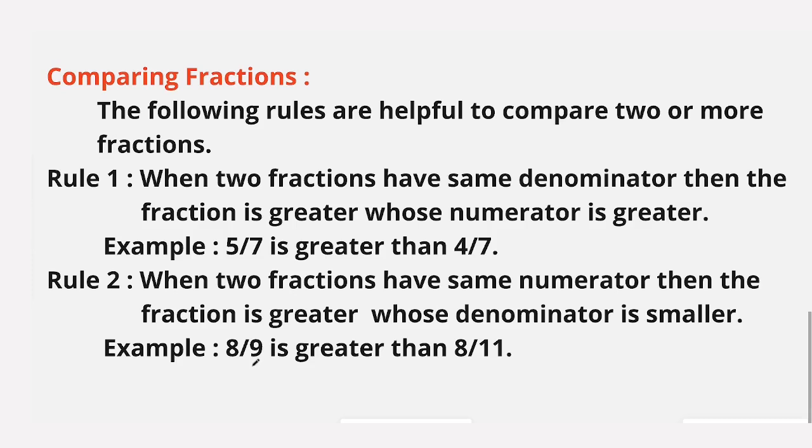And the denominators are 9 and 11. As 9 is smaller than 11, therefore 8 upon 9 is greater than 8 upon 11. We have to keep in mind that when two fractions have the same numerator, then that fraction will be greater whose denominator is smaller.